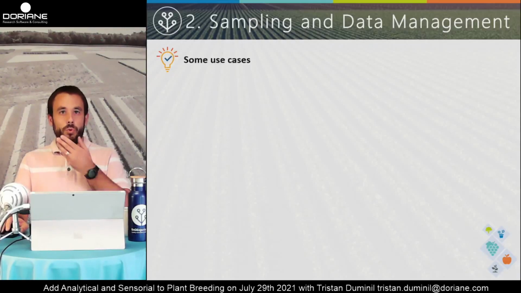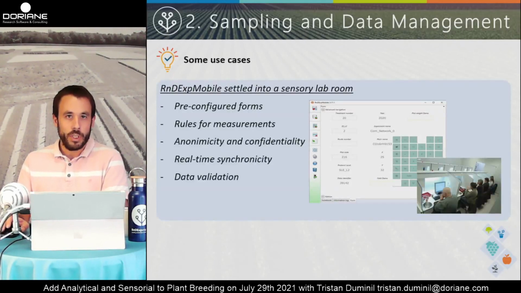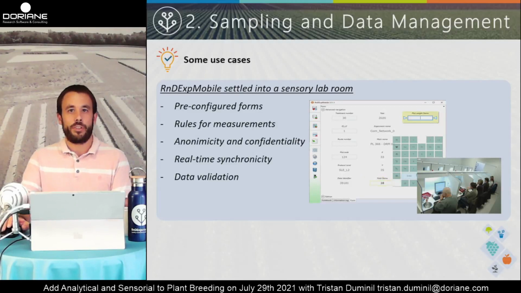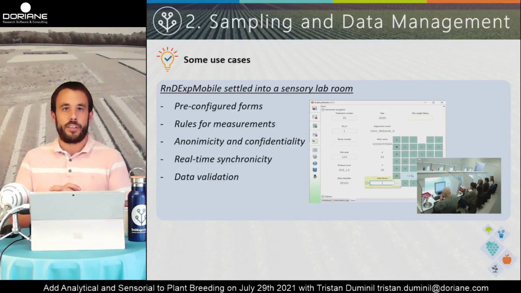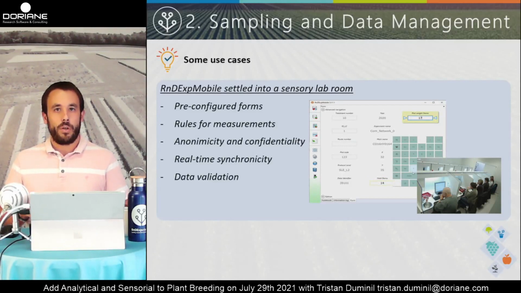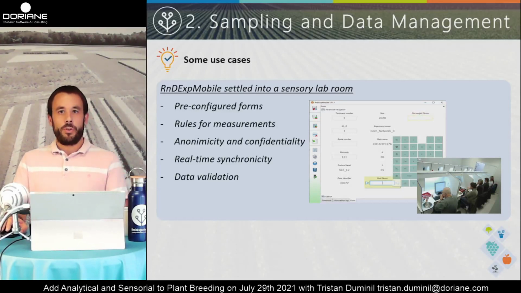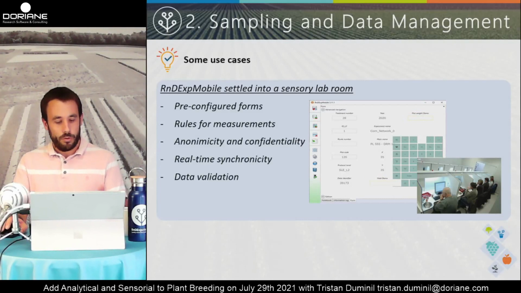And I would like to illustrate this part with one concrete example of software architecture we deployed. We set up a centralized data collection system for a sensory analysis lab to capture evaluations from a consumer panel in real time. With the application Index Mobile, we configured multiple user forms with the descriptors for each observation.